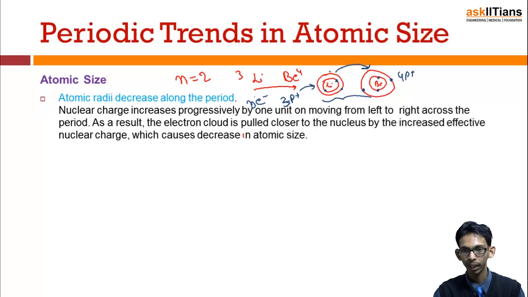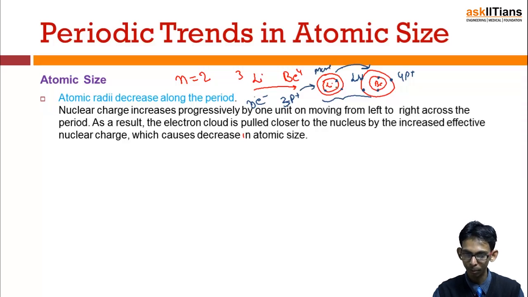There is addition of an electron and addition of a proton with the increase in atomic number, but the electron which is added comes into the same shell while the proton goes into the nucleus. Now there are 4 protons in the nucleus attracting the same 2 shells, and they attract more strongly, because of which the size gets reduced. That's why the size of beryllium is less as compared to lithium.